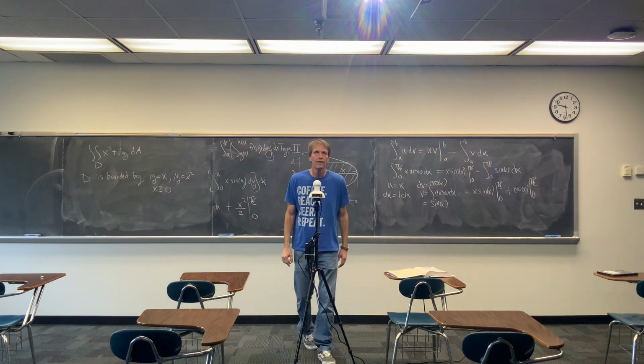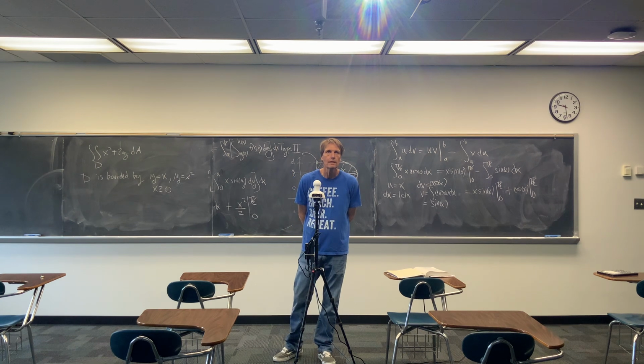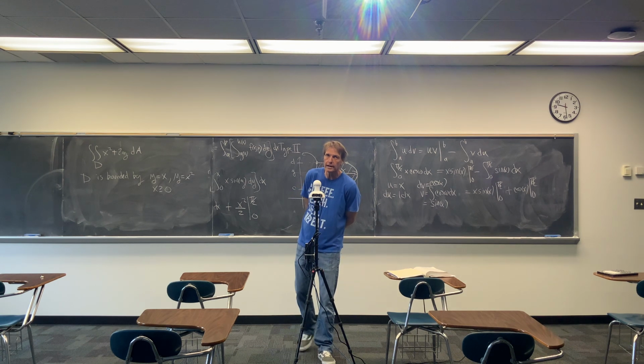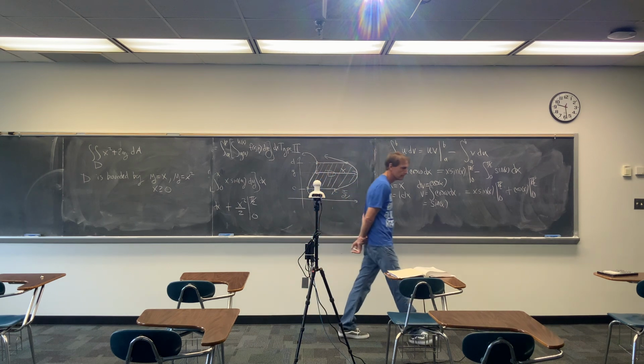And what we want to do is find the volume over that D. So now let's go back to high school. Give yourself an xy. Draw y equals x squared, draw y equals x, and try to at least find what D looks like.